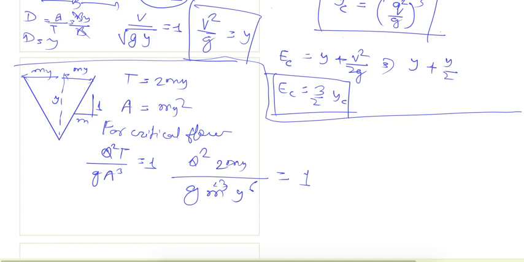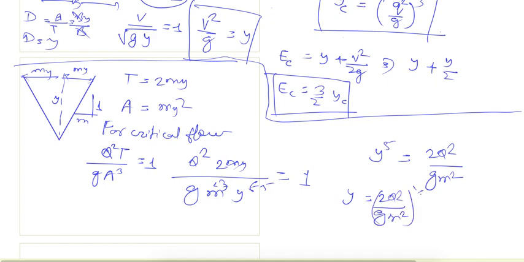And we solve this. From here we will get y to the power 5 is equal to 2Q square upon g m square. And from here y is equal to (2Q square upon g m square) to the power 1 by 5.